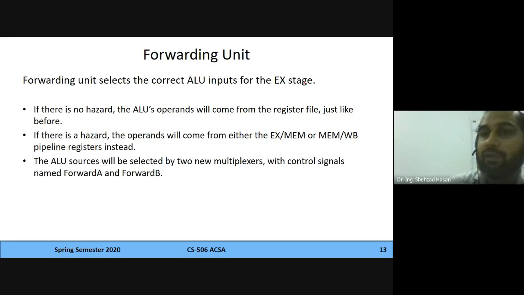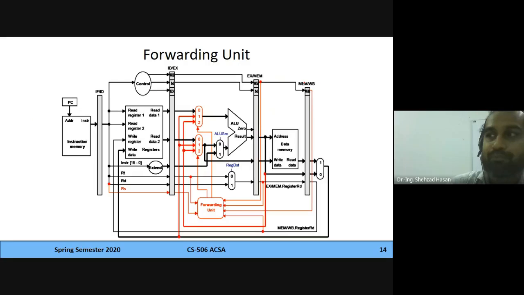So for that, we need two different multiplexers for both the inputs of the ALU, and we need a unit which we are going to call the forwarding unit, which is responsible for generating the control signals, right? So if you come to the whole diagram, this is the data path. I've still not discussed how the forwarding unit is going to work, but this is the complete diagram.